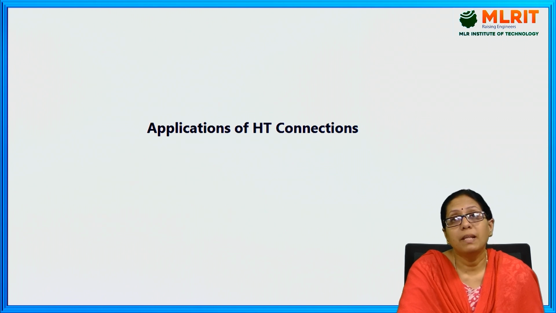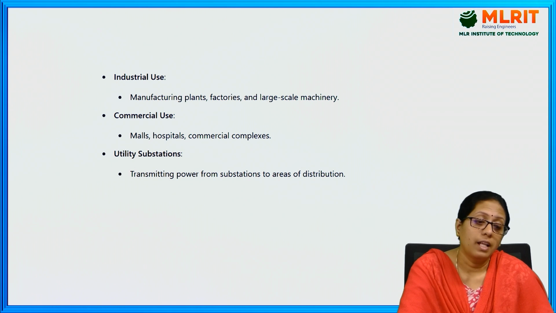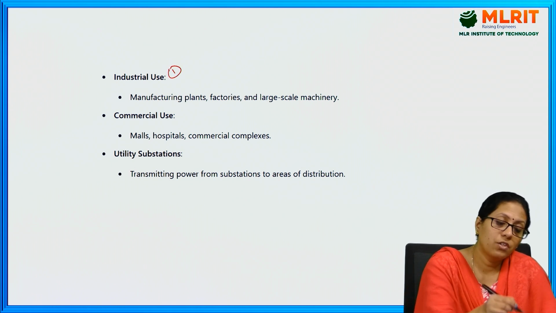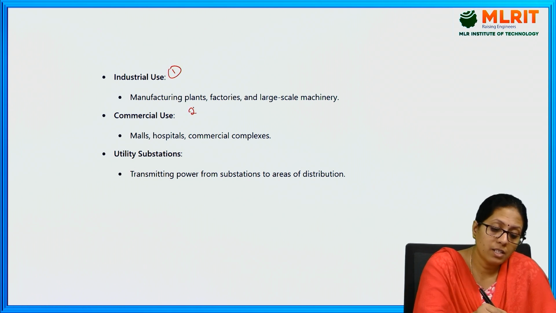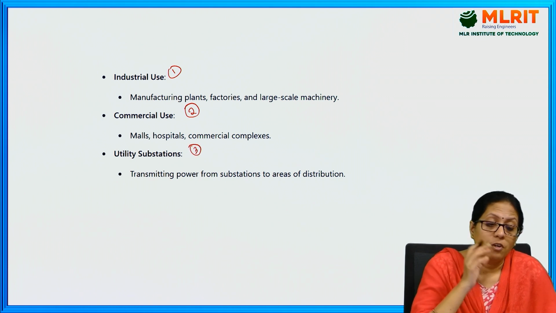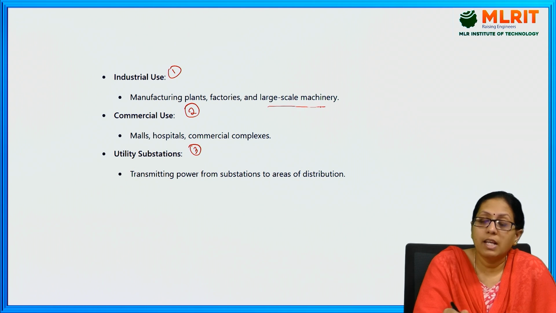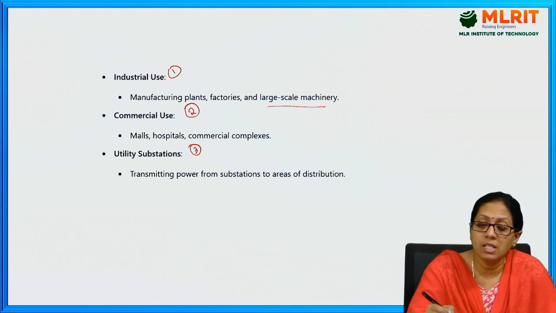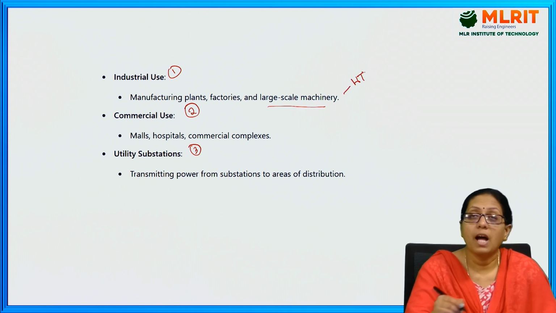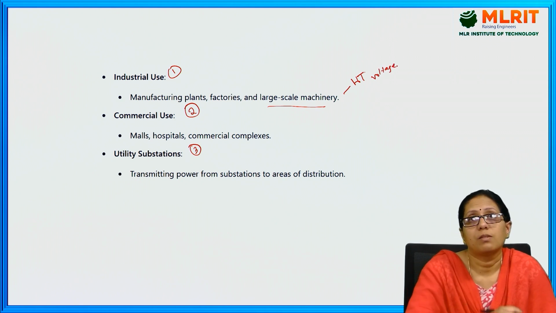Next one is applications of HT connections. What are the different applications? First one is industrial use, second one is commercial use, third one is utility substations. For industrial use, mostly for manufacturing plants, factories and large scale machinery, we will be using this HT connection, that is, high tension or high voltage connections.